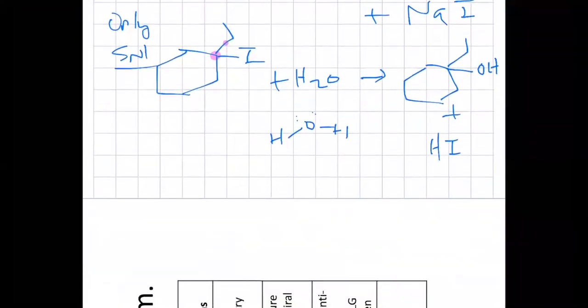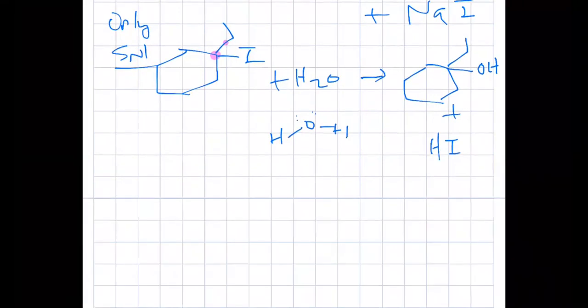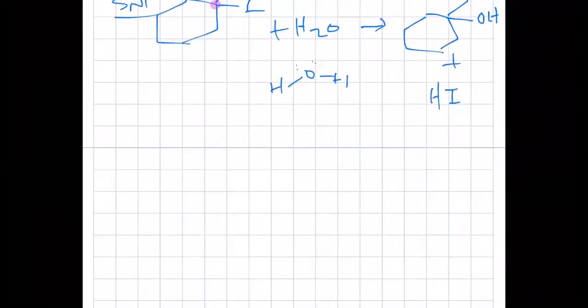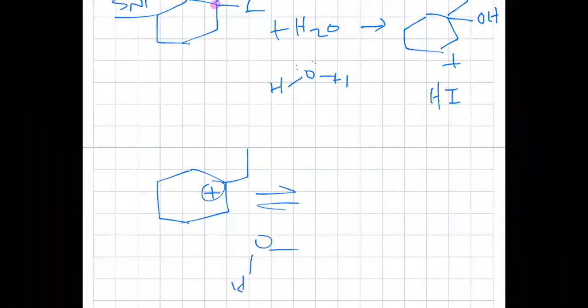There will more than likely be two intermediates. Let me add another page right quick, just in case I run out of space. Obviously you're going to have this carbocation intermediate, and then once water attacks that carbon, you're also going to have this intermediate.